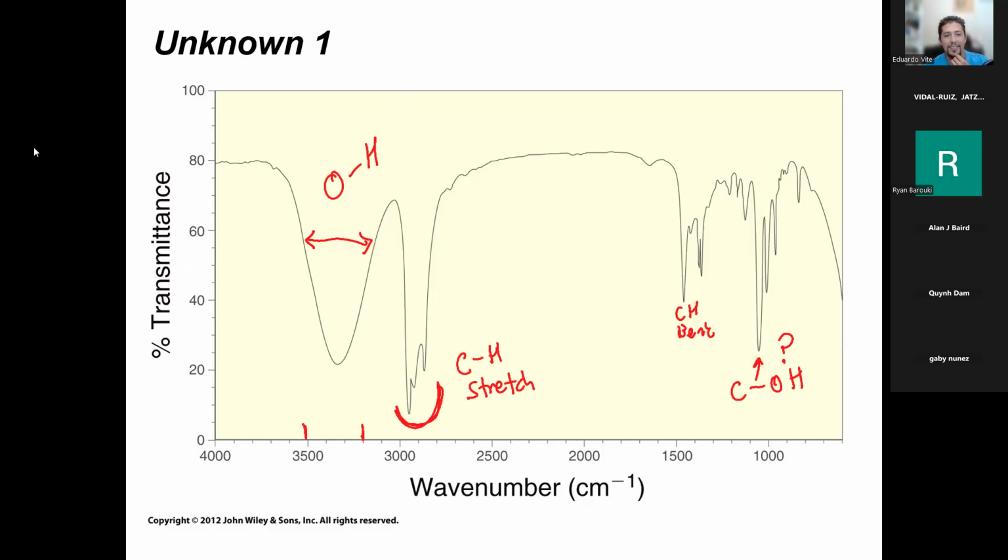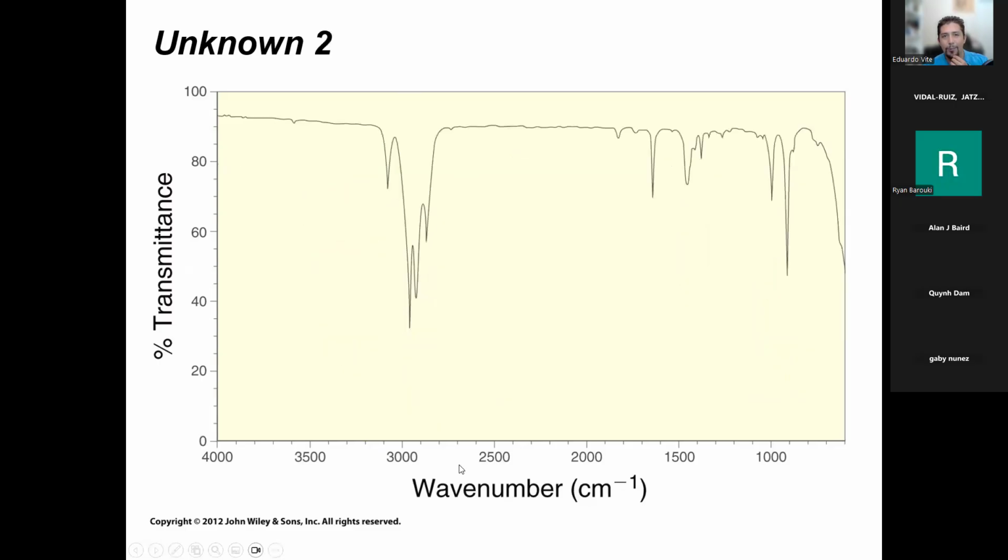Okay, next example. Let's see what else we got. Ooh, interesting one. So what's here? What functional groups are present or maybe not present? Hmm.